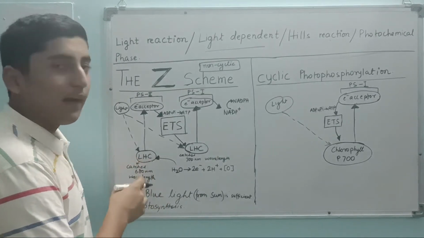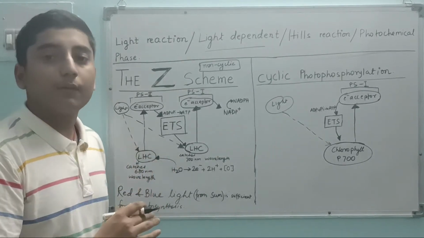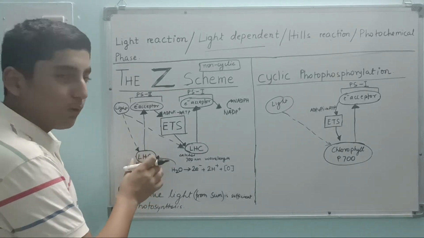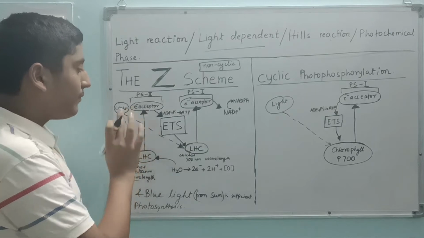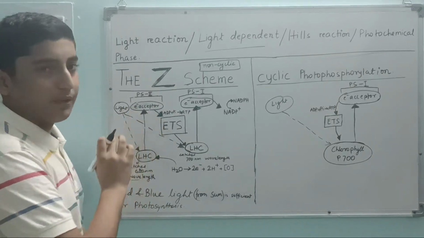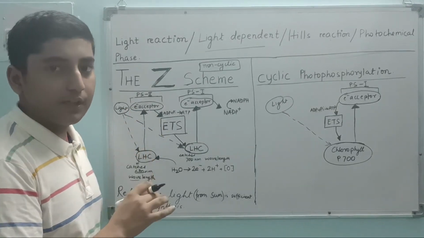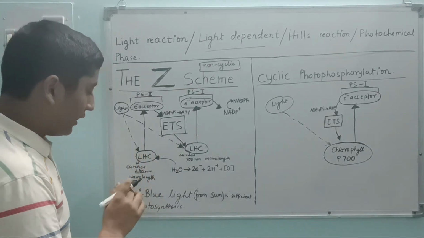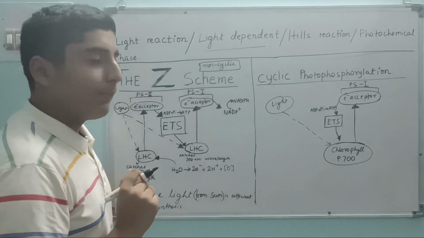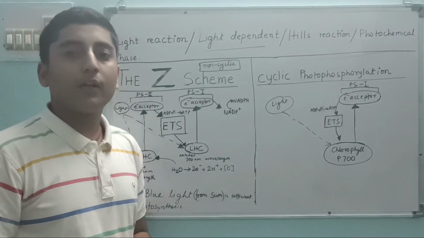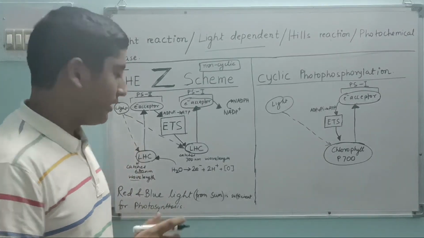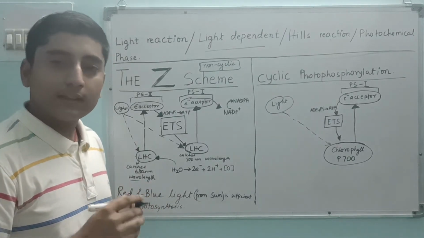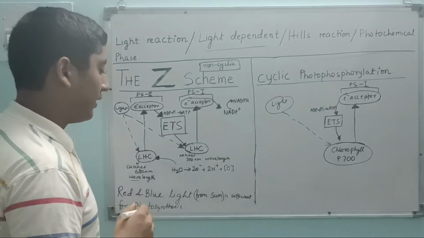Different wavelengths of light are falling on both photosystems. When the LHC of photosystem 2 catches light, it then moves to the E acceptor. The electron acceptor catches the electron from the light harvesting complex. First you must remember that you do not require the whole white light from the sun. When you give red and blue light, photosynthesis can easily be executed.